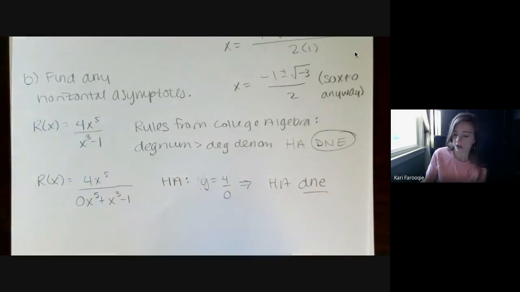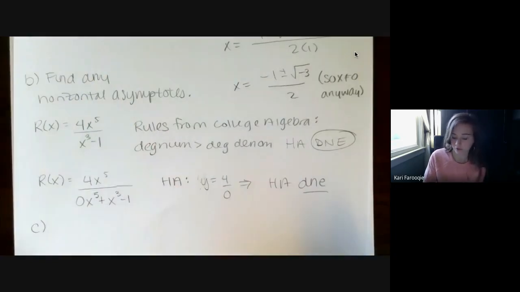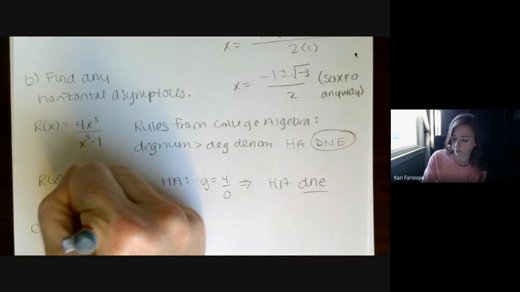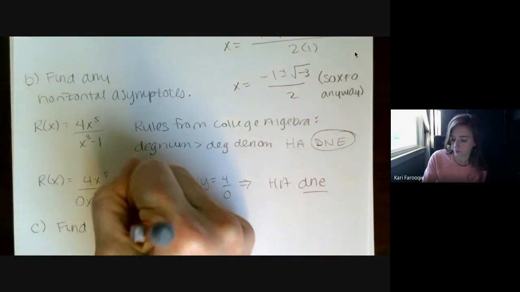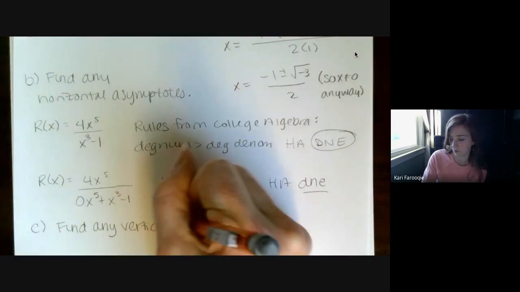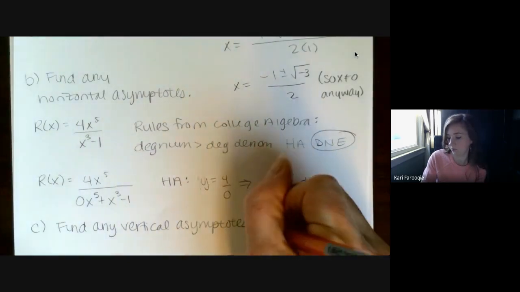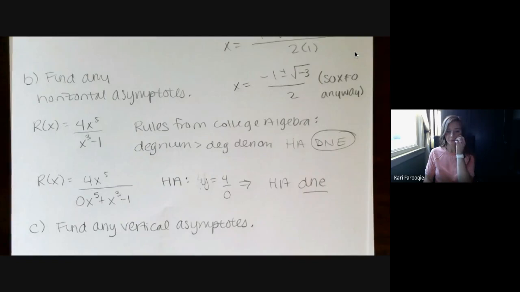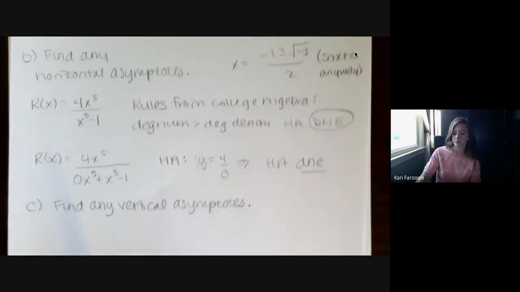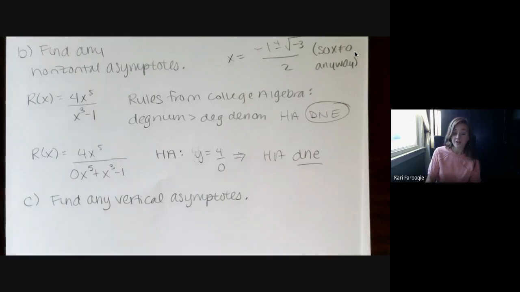Okay. Now C is find any vertical asymptotes. Now, we already said that 1 was a value that we were excluding from the domain.